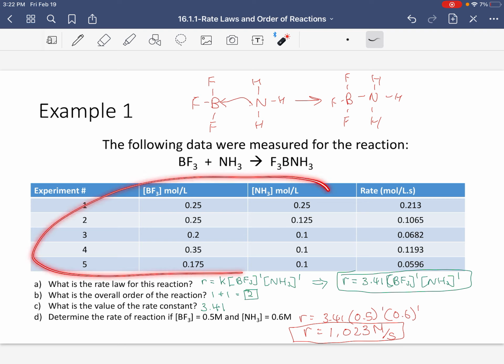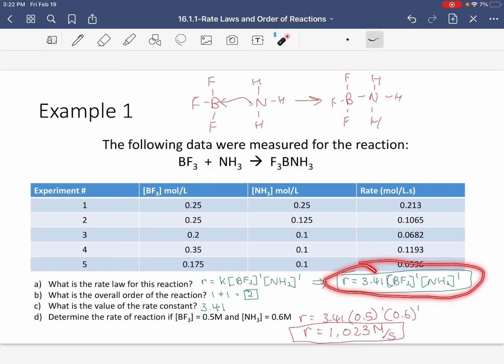By doing these series of the same reaction, by changing the concentration of this or this, you are able to find the equation necessary to find the rate at whatever concentration of BF3 or NH3 you wanted. You can put whatever number here and here and you'll find the rate. You'll know how fast this reaction is going to be. That's how powerful rate law is.